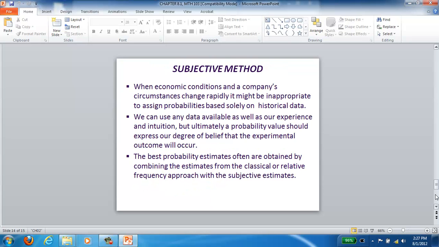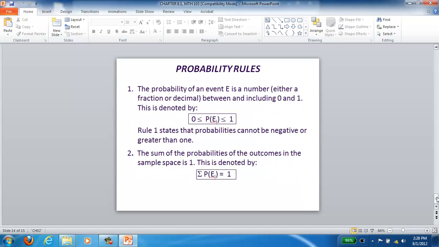Subjective method. This is based on someone's opinion, even though the best probability estimates often are obtained by combining the estimates from the classical or relative frequency method with the subjective method. And you have to follow these two rules to have a probability model.